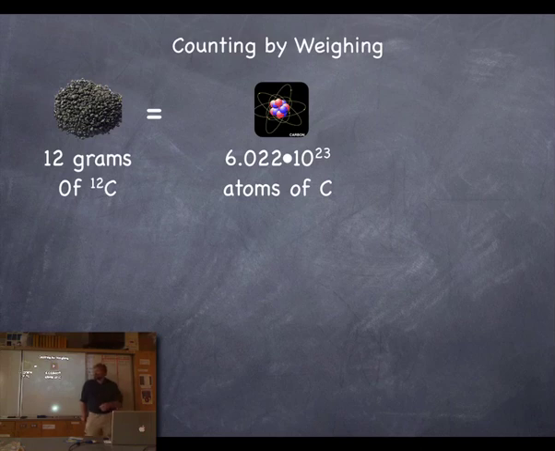Now we're going to set this ratio. This is something we can go through in the lab and experimentally verify and determine. And what we're going to do with that is use this as the basis to figure out all the other ratios on the periodic table. We set carbon-12 as having a mass of 12. An individual atom of carbon-12 has a mass of 12 AMUs, atomic mass units. 12 grams of carbon-12 has this many atoms in it.